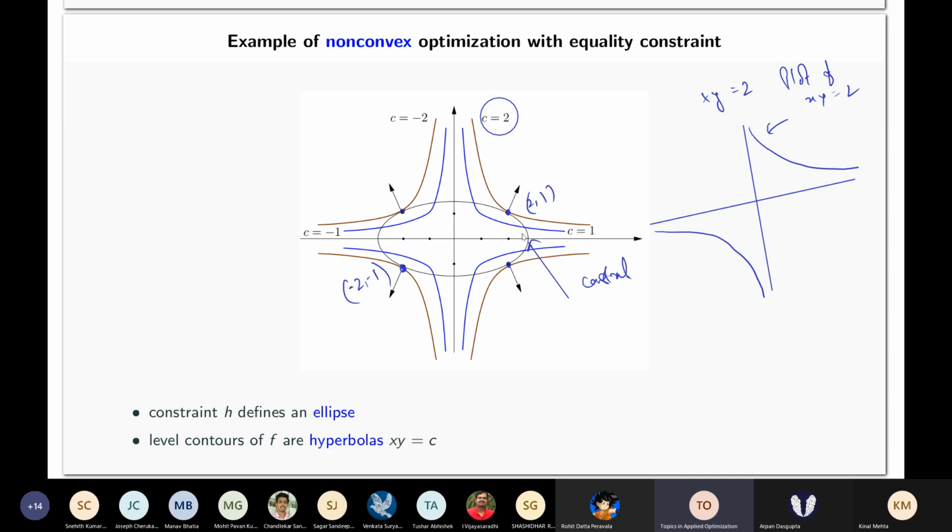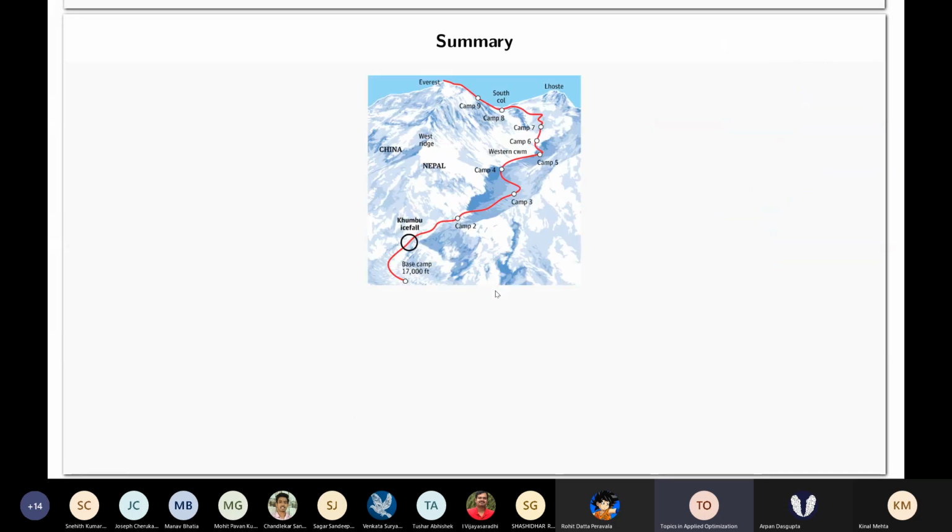But out of these four, we found that these diagonally opposite ones, somewhere here and somewhere here, are the maxima. And then similarly, we had the xy equal to -2 hyperbola, and there we had the minimum value.